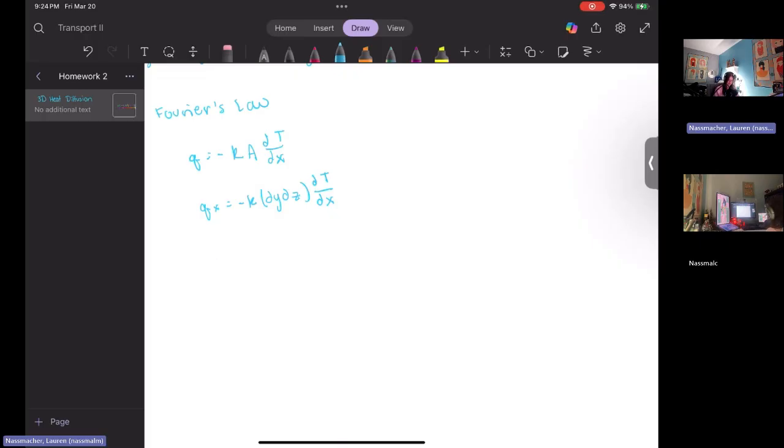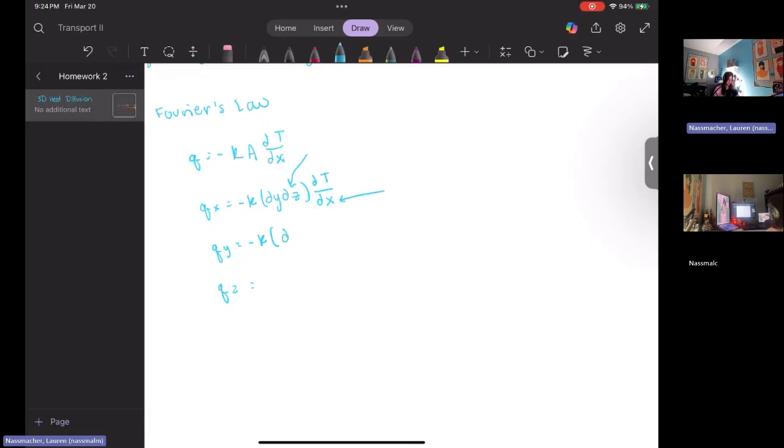Now apply that to your heat flow at your position y and your position z, and you get the exact same equation, just replacing your area with whichever dimensions are appropriate.